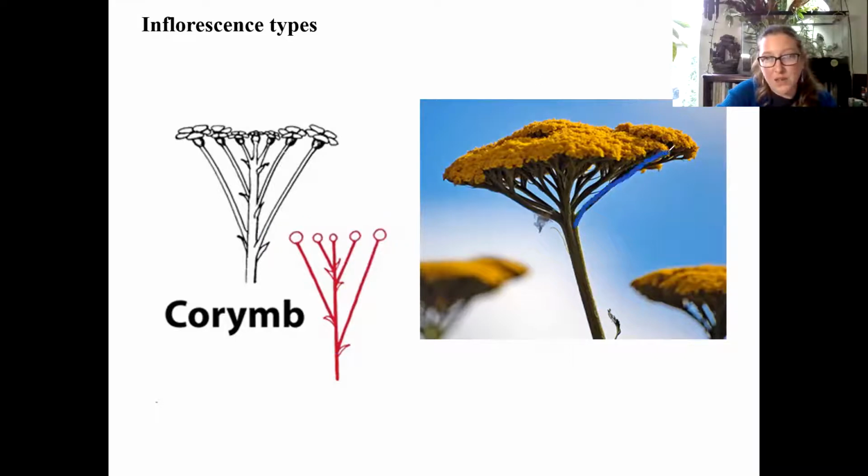So this stalk is super long, this stalk is kind of long too, but this one is a little shorter, and it gets shorter and shorter until all of the different flowers are at the same height, right? You can see here. And corymbs are nice because they serve as a big landing pad for pollinators.